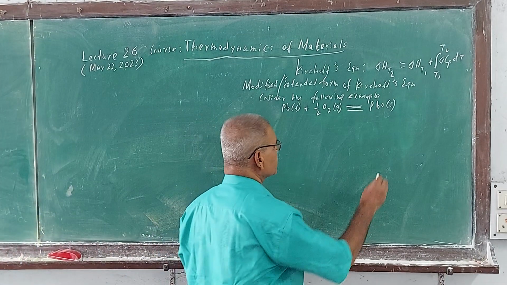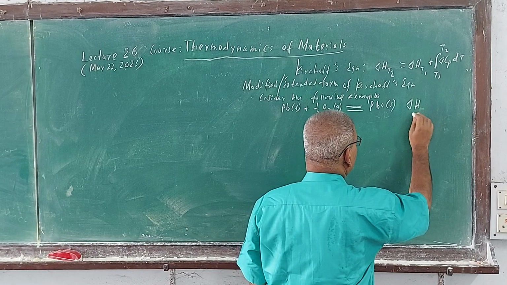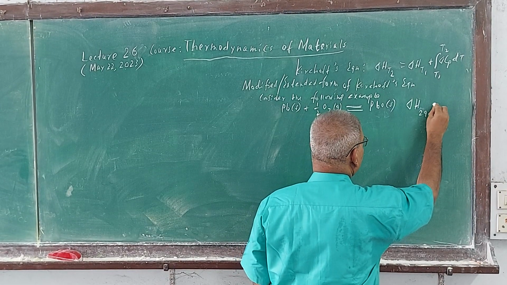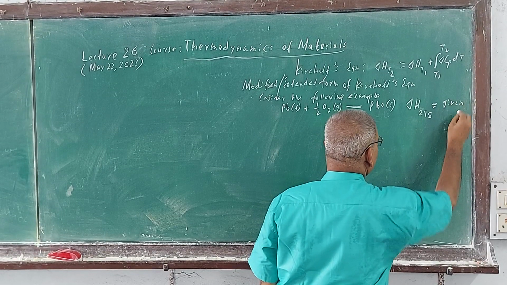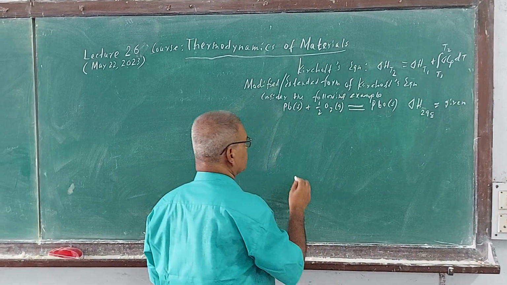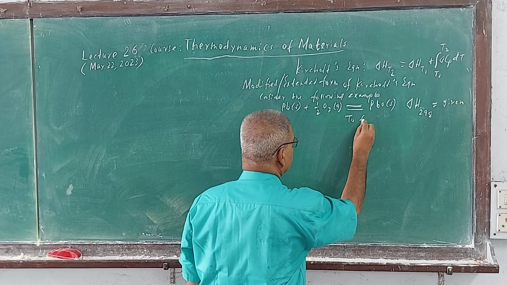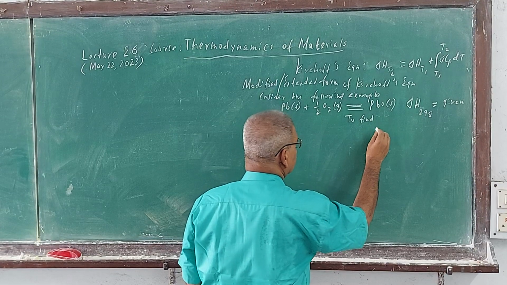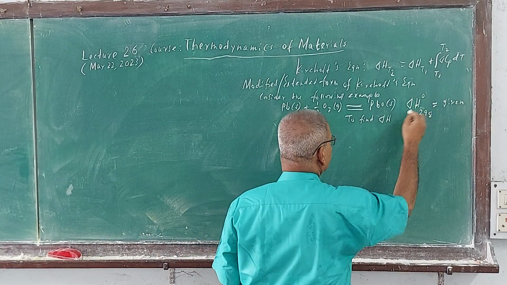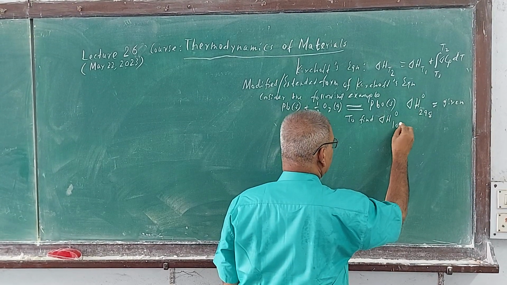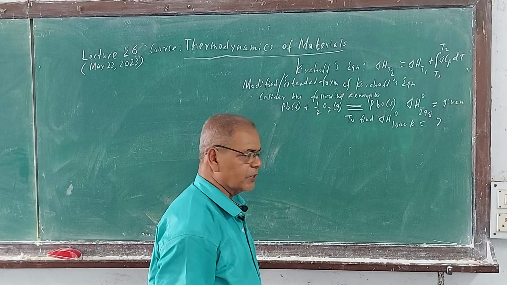Delta H 298 is given, known means given. To find delta H0 at 1000 Kelvin, you can proceed this way.